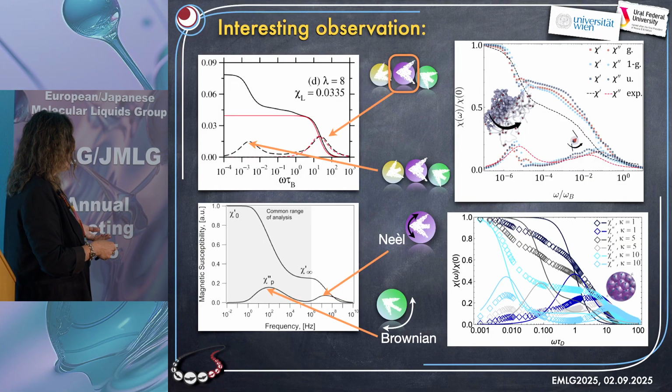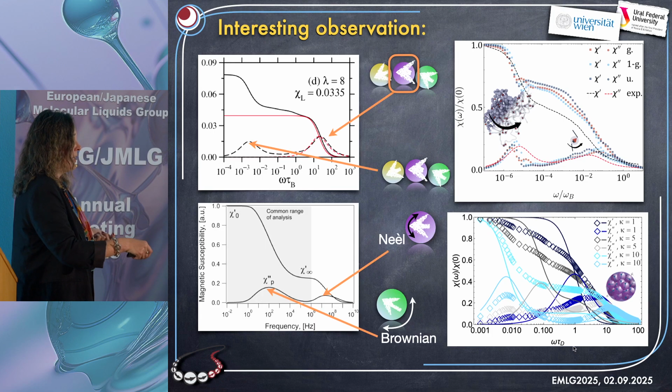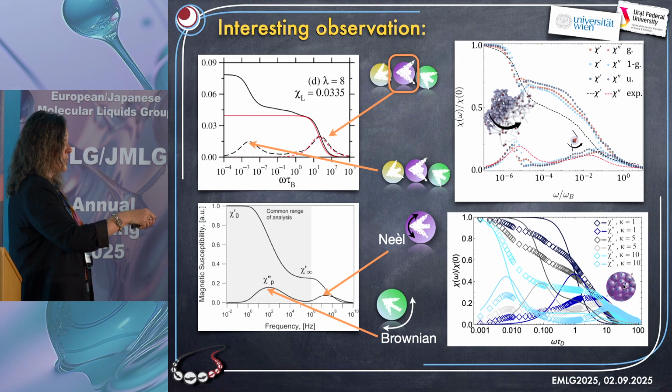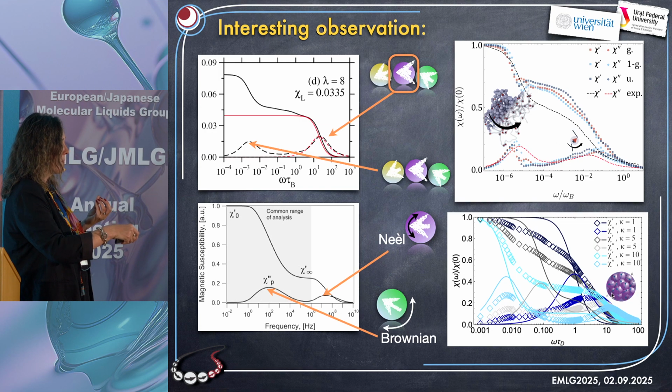First, you have an interplay between the Néel and Brownian mechanisms that can be further enhanced by introducing an accurate description of anisotropy of the cores, so playing with the time scales of Néel and Brownian relaxations.